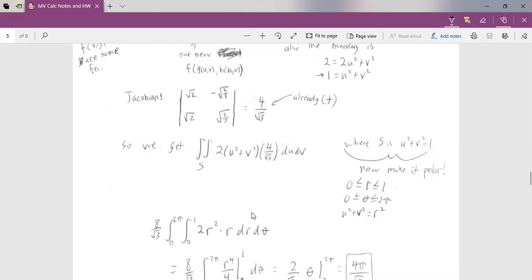One of your problems for homework tonight is going to be to use the Jacobian to prove that moving from xy to r theta forces this result. So rather than the geometric justification we used earlier, we're going to now show this with the Jacobian.